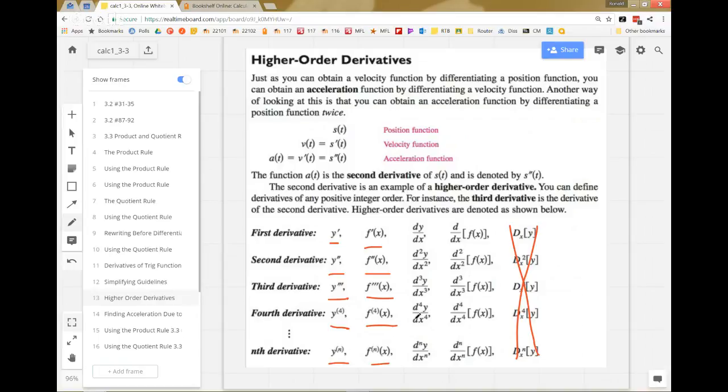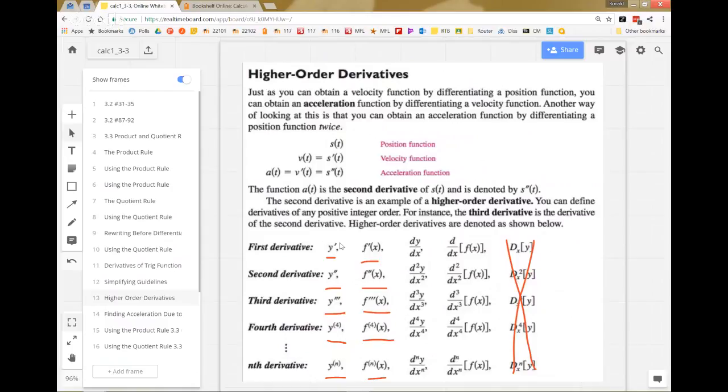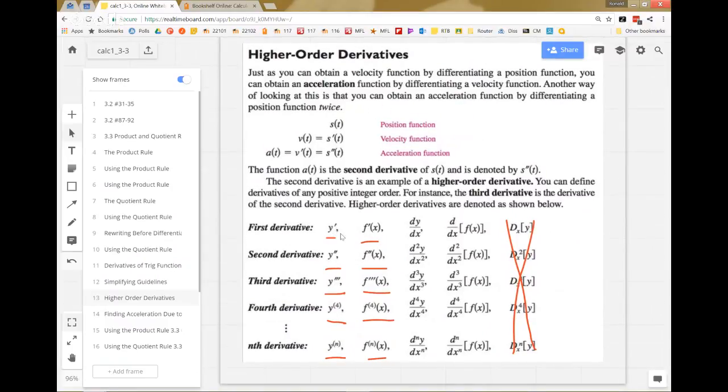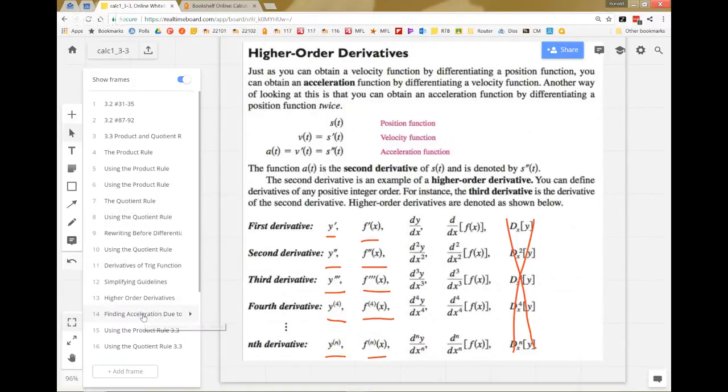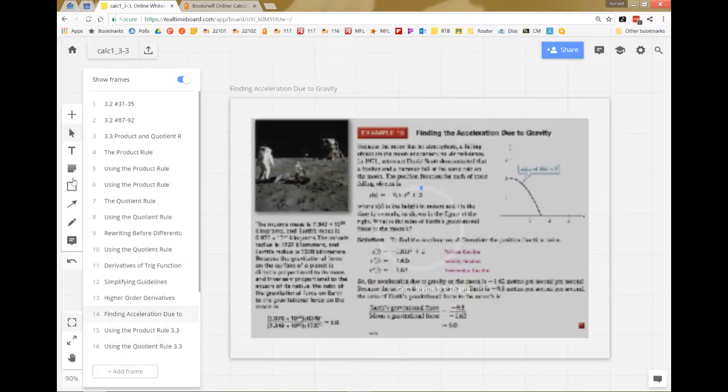I'm not sure how useful this slide is, maybe it isn't the best. This first notation means y prime is the first derivative, f prime of x the first derivative, y double prime, f double prime of x the second derivative. Okay, now let me show you an application of this. So here we have a problem.